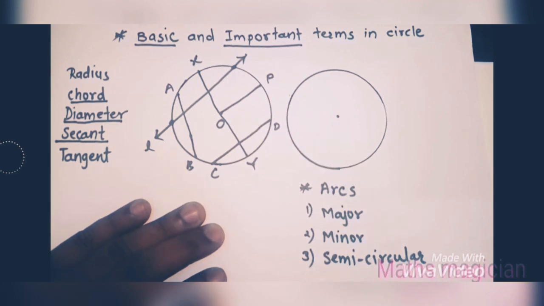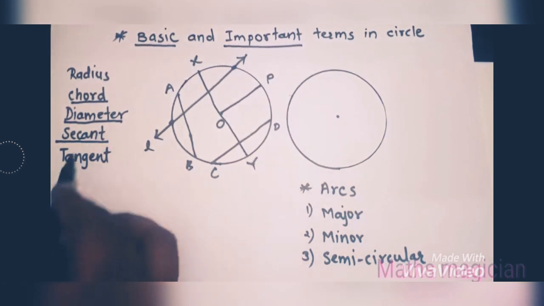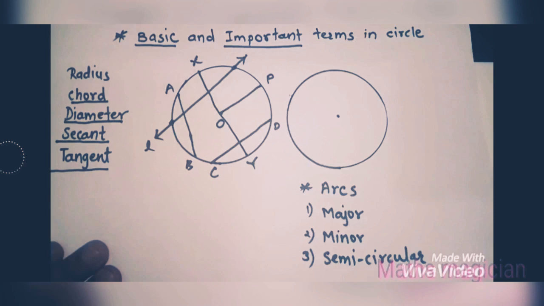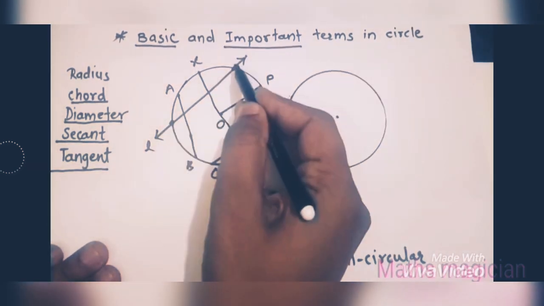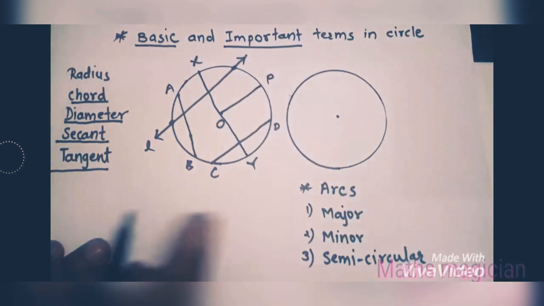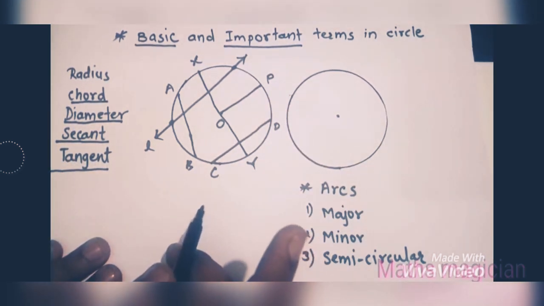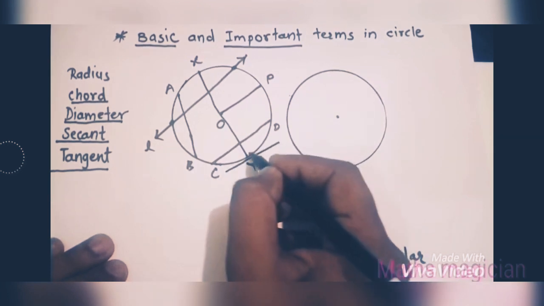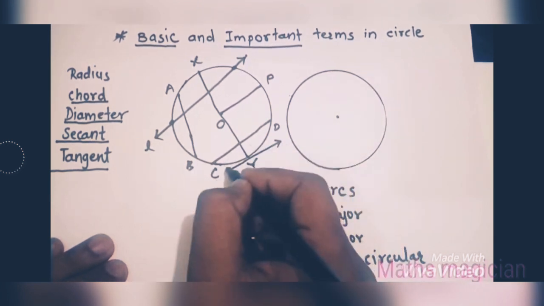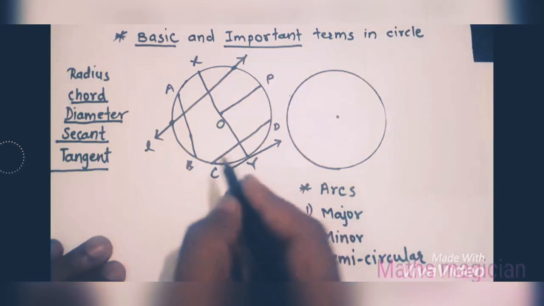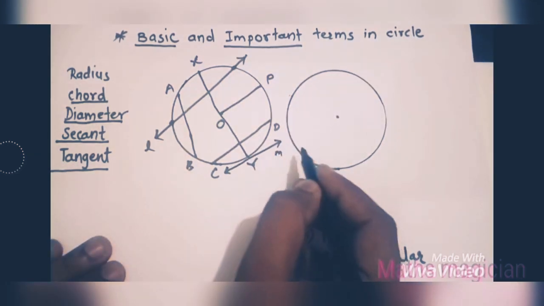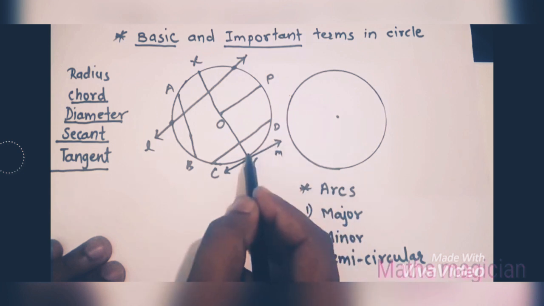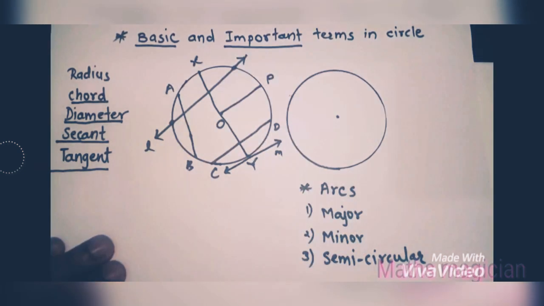Okay, and now a very important concept, guys, that is a tangent. Tangent too is a line, but this time instead of intersecting the circle, a tangent only touches the circle at one point. So let's say this line over here, line M, touches the circle at only one point, that is Y, and so this line M becomes the tangent.